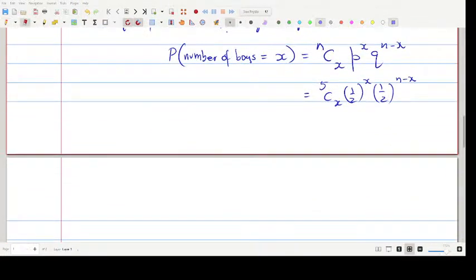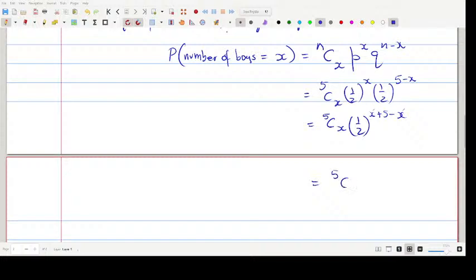We know the value of n is 5. So 5Cx, and then half to the power, the powers can be added, right? So x plus 5 minus x, and then the x and x get cancelled. So basically it would be 5Cx multiplied by half to the power 5.